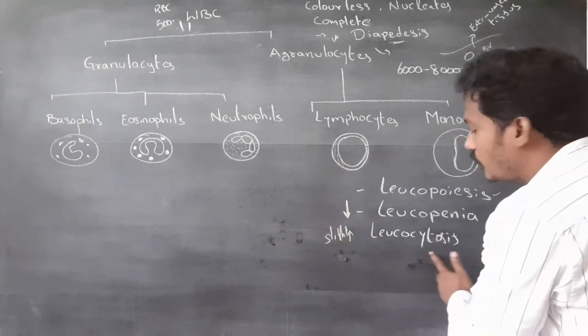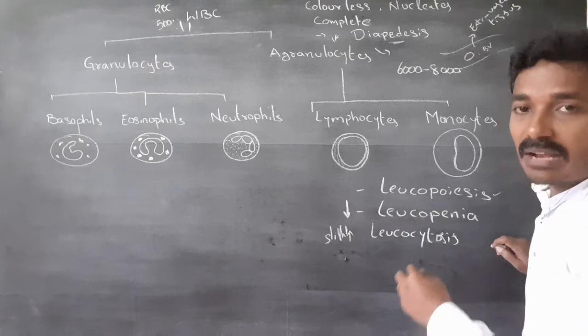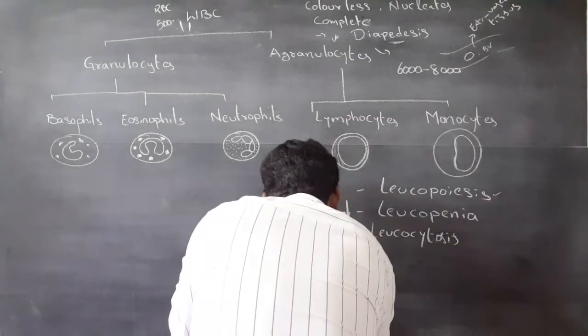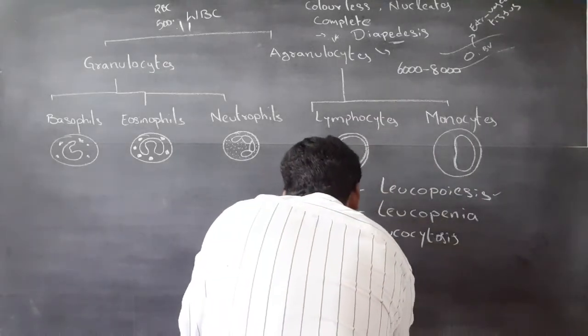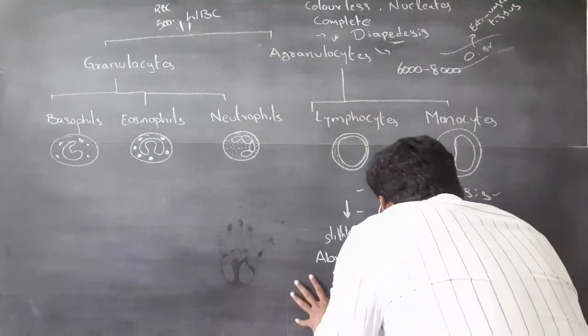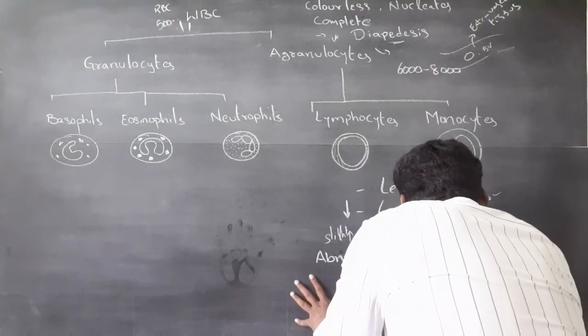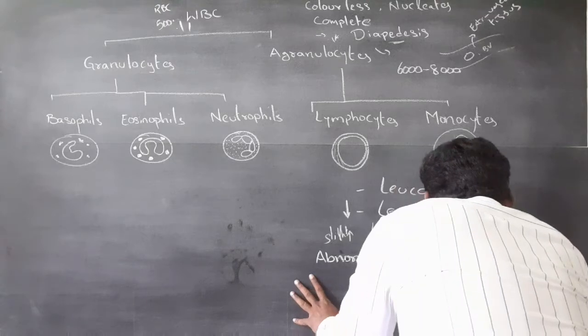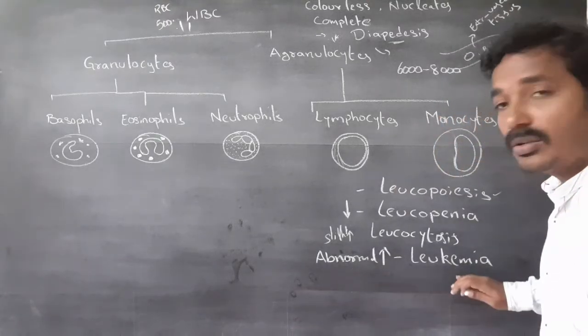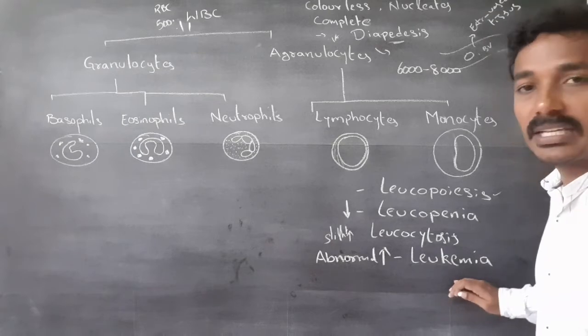It is called leukocytosis. An abnormal increase of WBC is called leukemia. It is also called blood cancer.